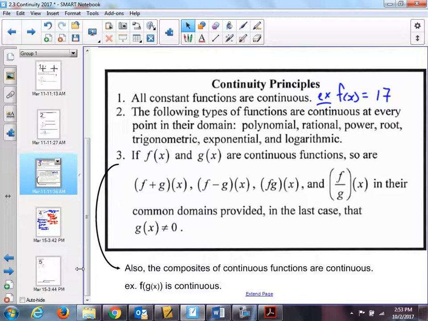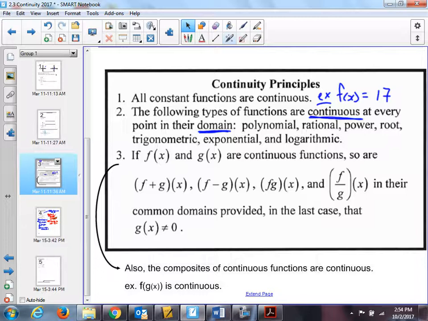The following types of functions are continuous at every point in their domain, but this is really important. I'll just underline it: continuous within the x values in their domain. Polynomials, and that's x squared, etc. Rationals, now you might be saying, but I know what rationals are.